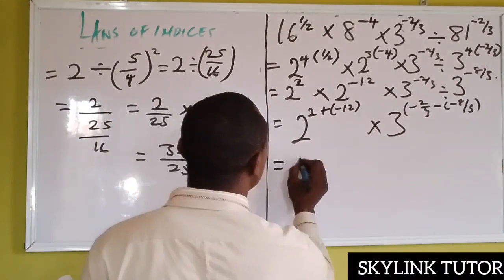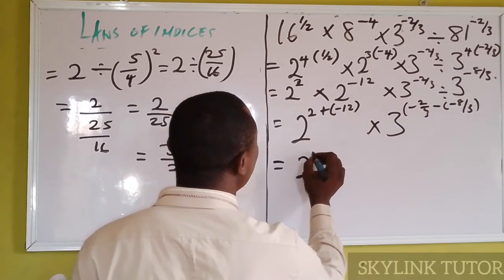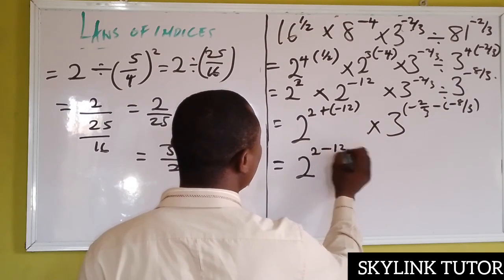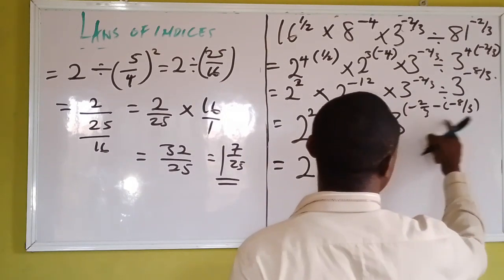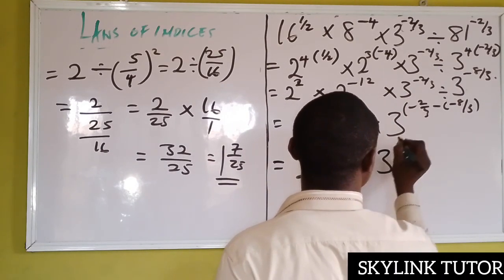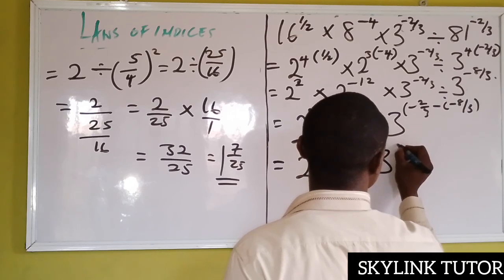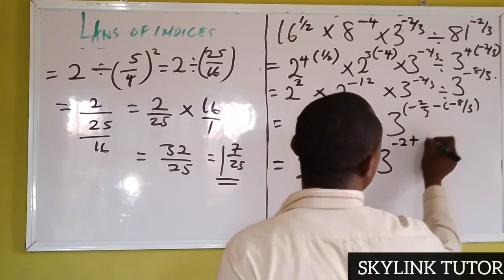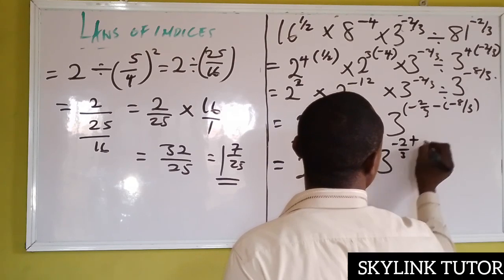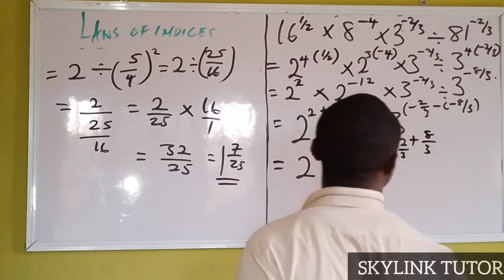So we have 2 raised to the power 2 minus 12. Then here, this fraction, they have the same base. So we can say 3 raised to the power minus 2, minus turns to plus 8 over 3.